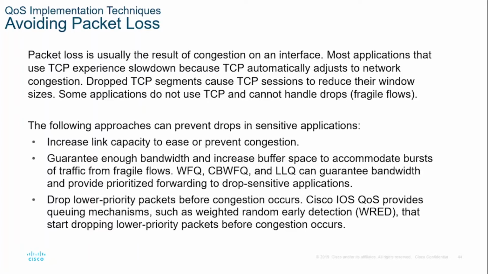CBWFQ and LLQ can guarantee bandwidth and provide prioritized forwarding to drop-sensitive applications. Drop lower priority packets before congestion occurs. Cisco IOS QoS provides queuing mechanisms such as weighted random early detection, or WRED, that start dropping lower priority packets before congestion occurs.